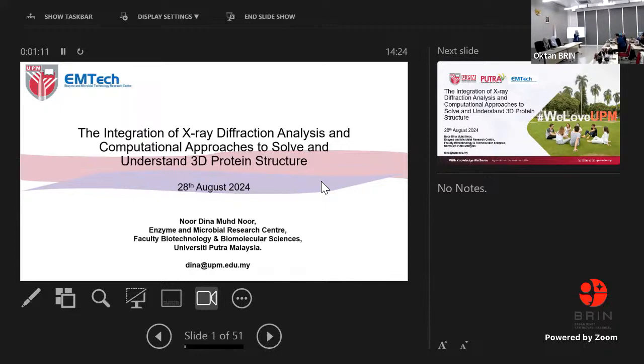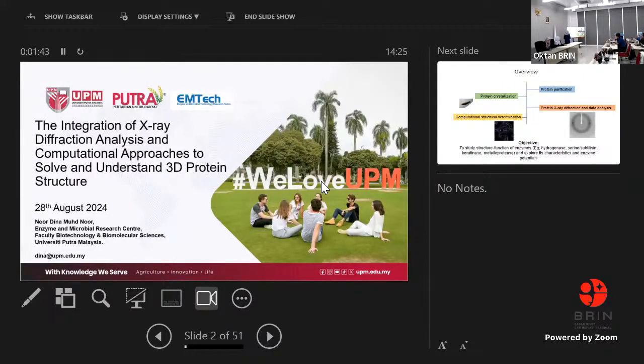In the projects that I will be presenting today, I'm going to present two to three projects. One of them uses X-ray diffraction in combination with computational approaches, and the other two projects are mostly related to only computational approaches.